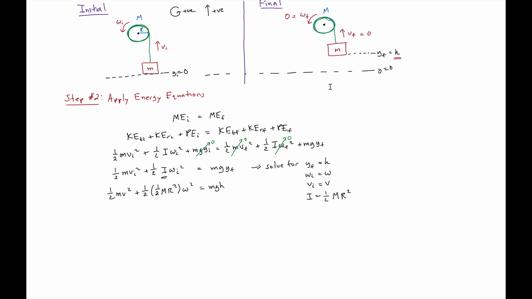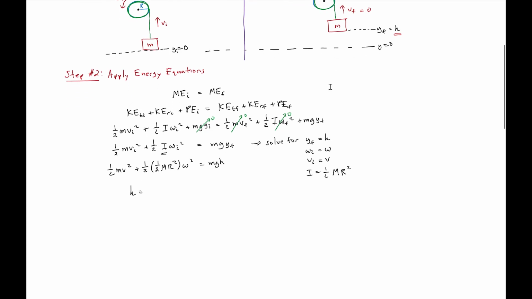And we want to solve for h, so that means we have h is equal to, let's see, 1 over mg times all of this on the left side. That means I can rewrite this as h is equal to 1 over mg.